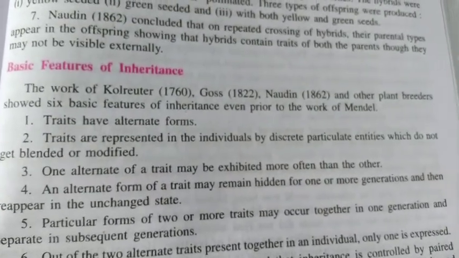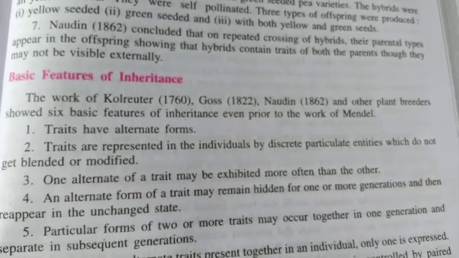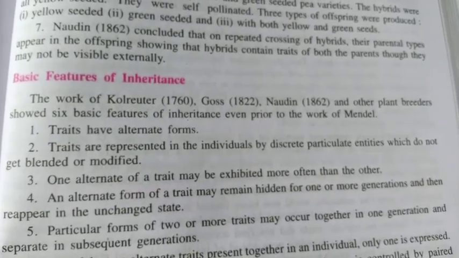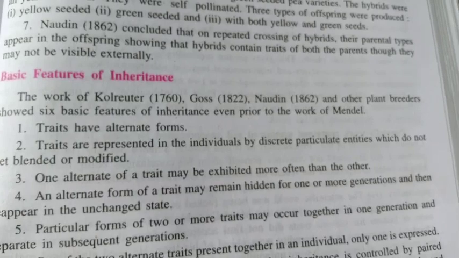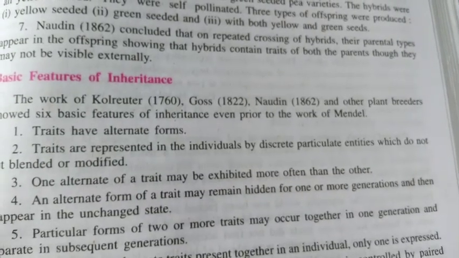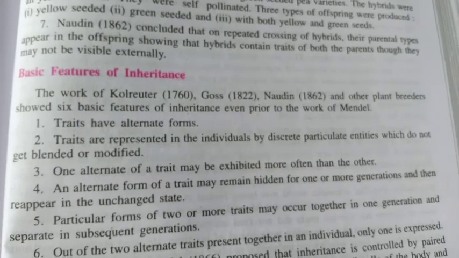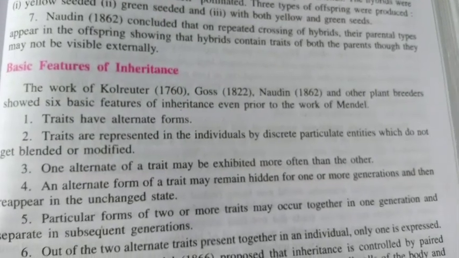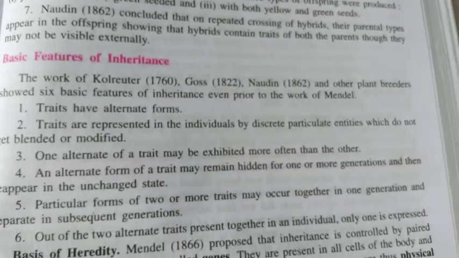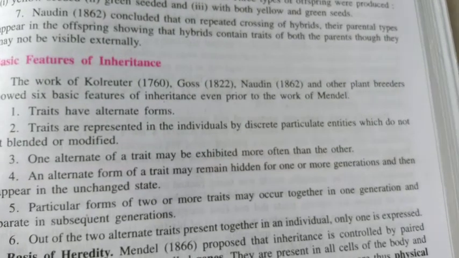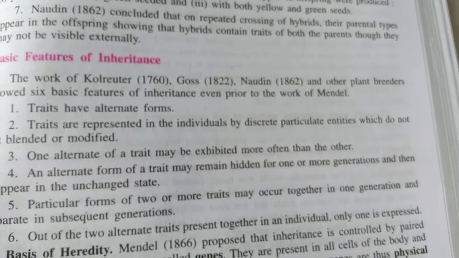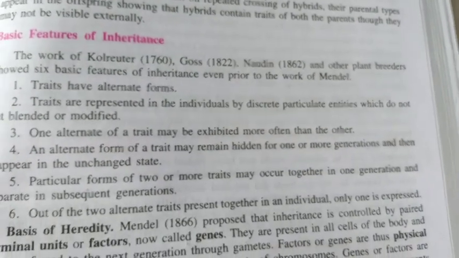Number 1, traits have alternate forms. 2. Traits are represented in the individuals by discrete particles or entities which do not get blended or modified. Number 3. One alternate form of a trait may be exhibited more often than the other. 4.